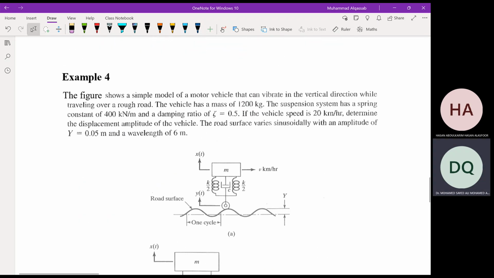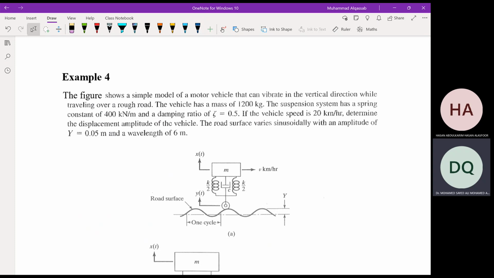Well, an example of base excitation is a car traveling over a rough road. The road is not vibrating, but since the car is traveling with a speed, the tire will follow the profile of the road, and the tire will give excitation to the car. So you take the tire of the car as a rigid member or rigid wheel, and the spring and the damper of the suspension are located between the tire and the body of the car.